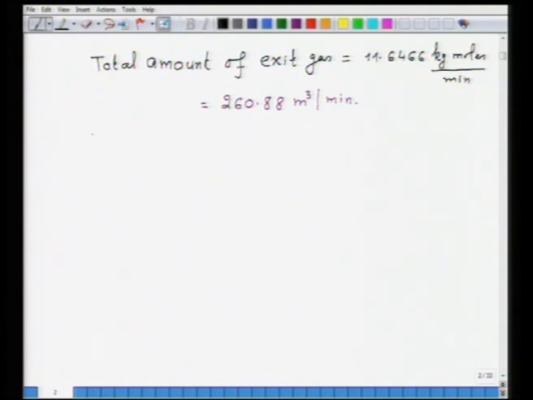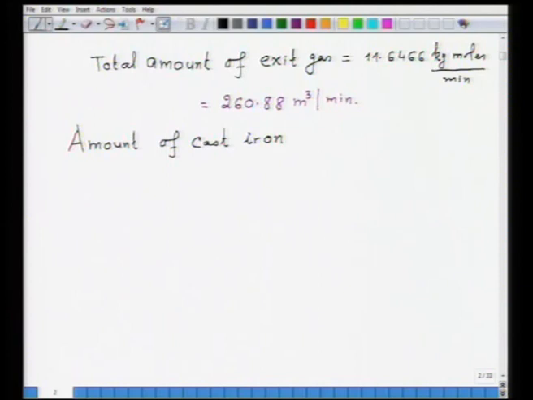Now, we can also calculate the amount of cast iron. Now, we have to calculate the amount of each individual element in cast iron, and all of you know it comprises of carbon, silicon, manganese, phosphorus and of course iron.